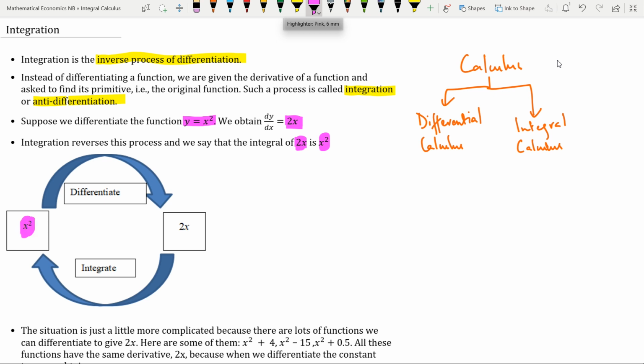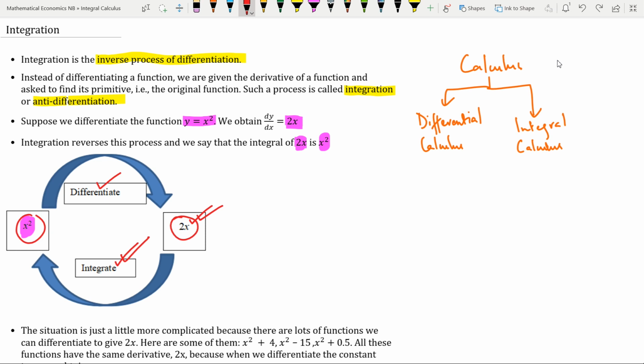So given the function x square, when we find the differentiation, we will get 2x. In the case of integration, we are given a derived function, that is 2x, and we have to integrate to get the original function, that is x square.